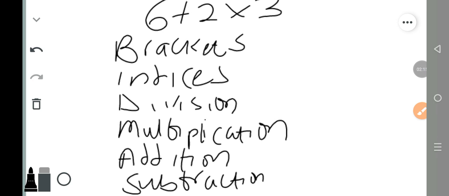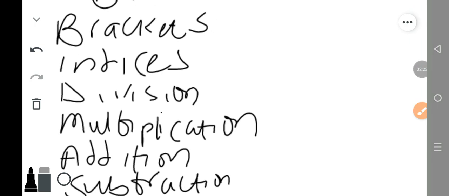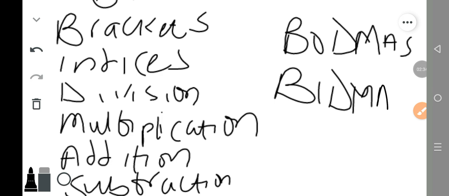Now, there are different acronyms that can be used to teach you the steps without too much cramming. And those acronyms, in most cases, are called BODMAS, some BIDMAS, or PEMDAS.